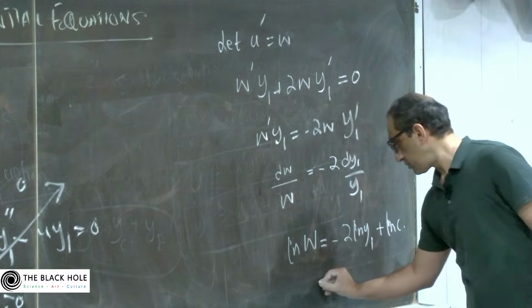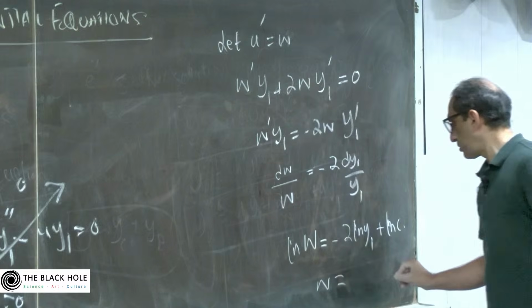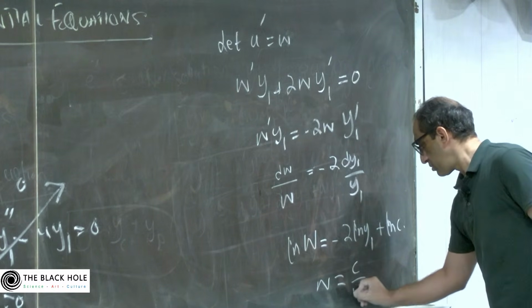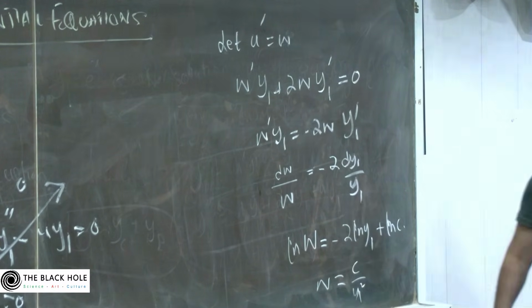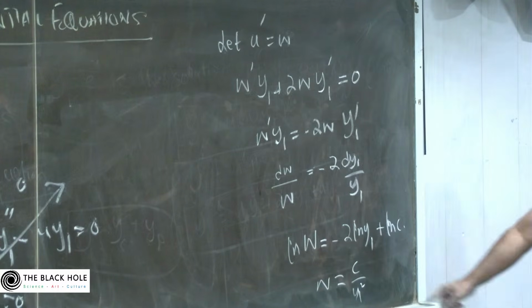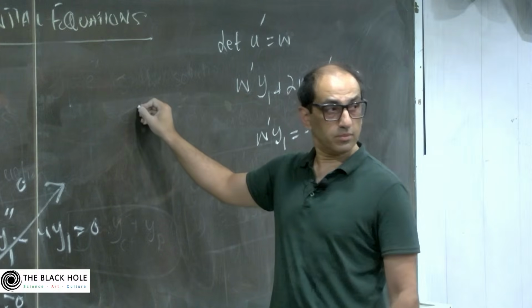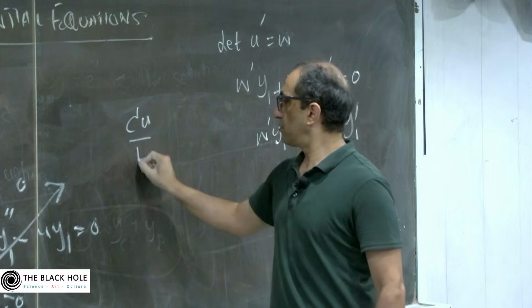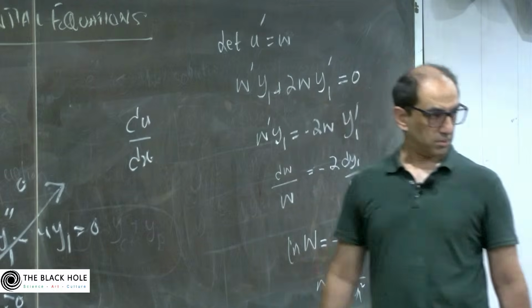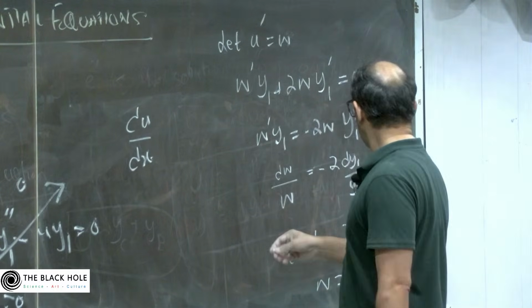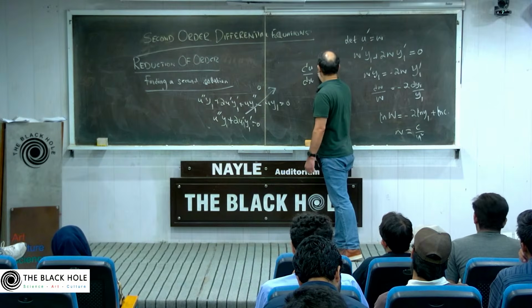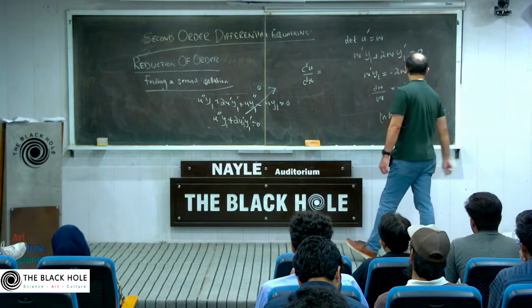How can you write this? Right? And now this w is what?